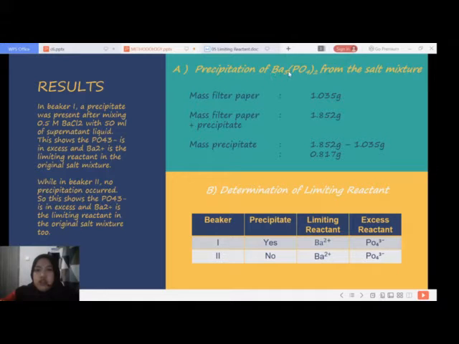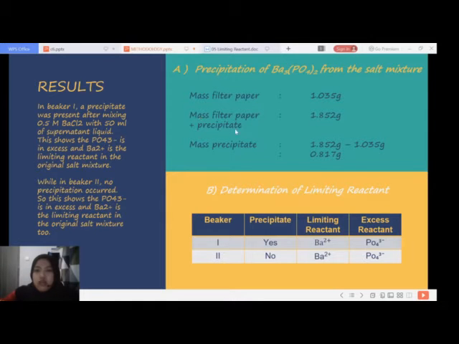Precipitation of Ba3(PO4)2 from the salt mixture. The mass of filter paper is 1.035 grams and the mass of filter paper plus precipitate is 1.852 grams. How do we get the mass of precipitate?